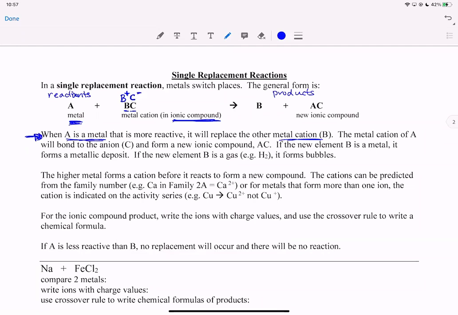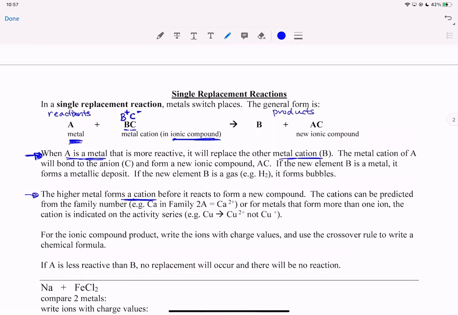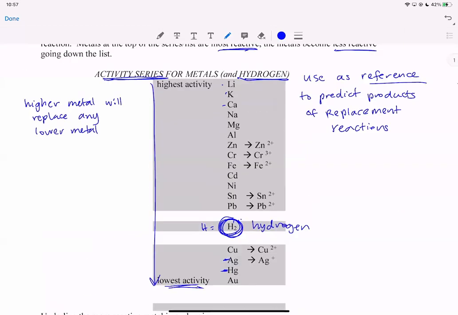And so when that happens, the more reactive metal, this is the next step, forms a metal cation before it reacts to form that new compound. And so you use the activity series for two reasons. We already looked at the first, but let's now go back and look at the second.